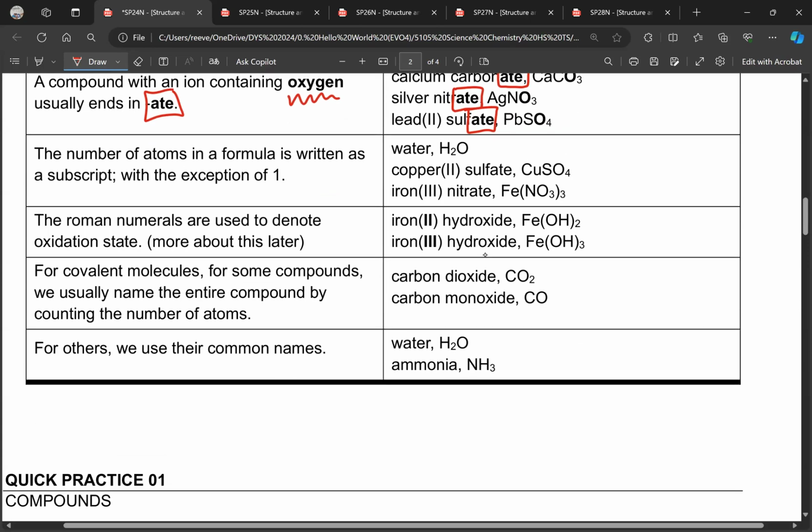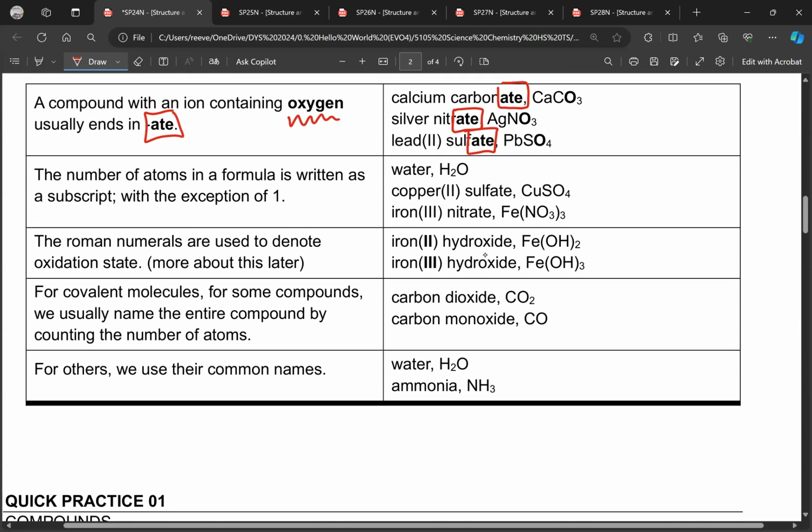Okay, next, regarding the formula, when I write a formula, there's a small little number at the bottom. For example, the easiest to talk about is H2O. The 2 is a very small little 2. This 2 is written on the right hand side of the H. I repeat, this 2 is written on the right hand side of the H. What does it imply?